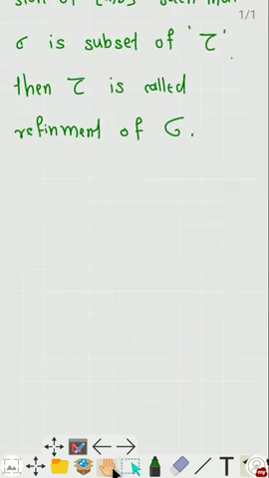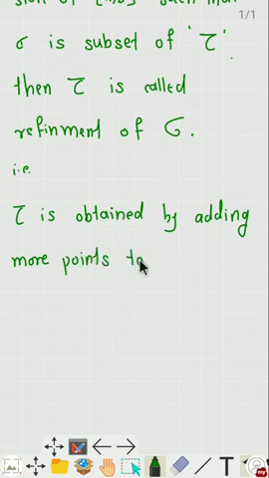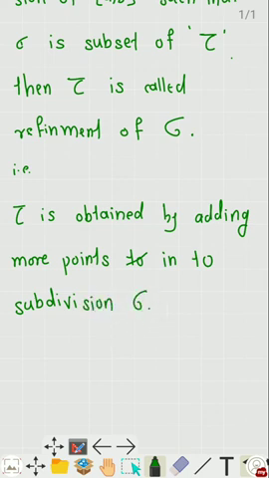As tau is a refinement of sigma, it means tau is obtained by adding more points into the subdivision sigma. That's why tau is called the refinement.